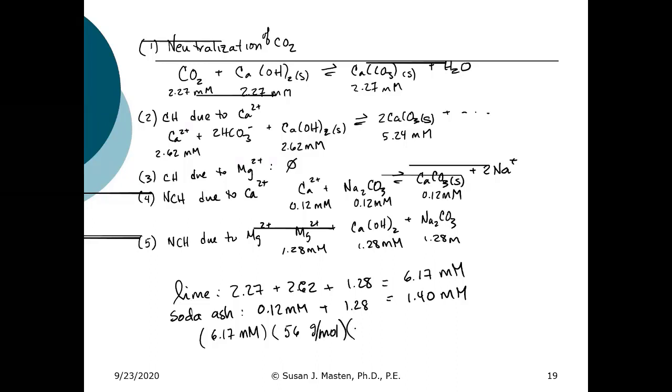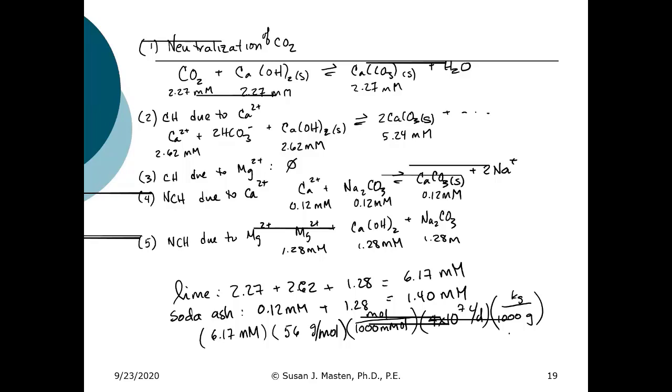We have to multiply this by 1,000 millimoles per mole. And we're going to multiply this by 4 times 10 to the 7 liters per day, divide by 1,000 grams per kilogram, and we need almost 1,400 kilograms per day.